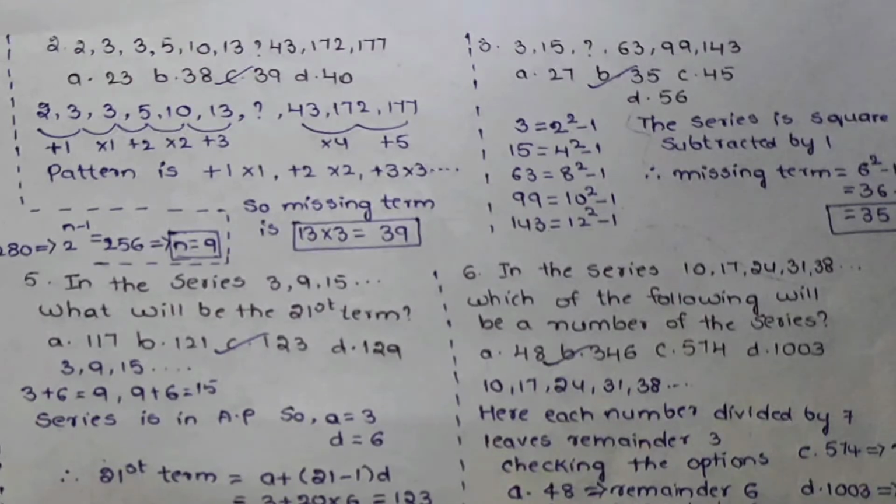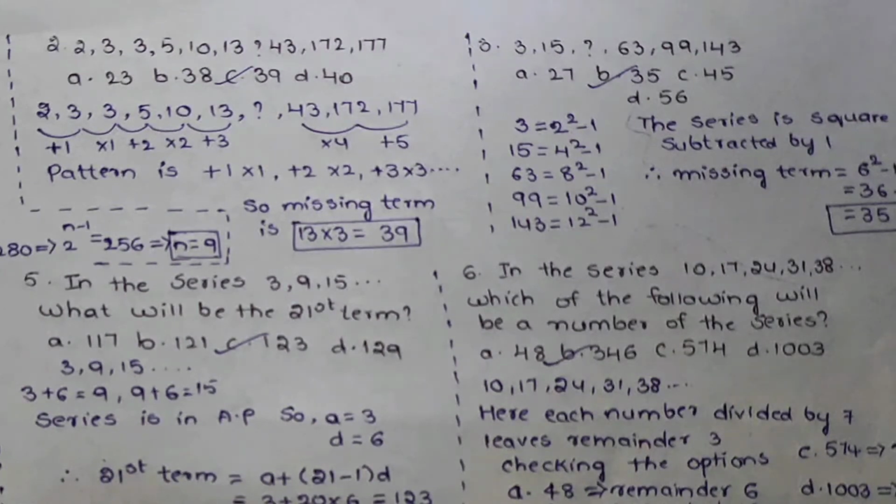So here for the first one, for 2, if you add 1 we get 3, and for 3 if you multiply 1 you get 3, and next if you add 2 to 3 you get 5, and similarly if you multiply this 5 with 2 you get 10.